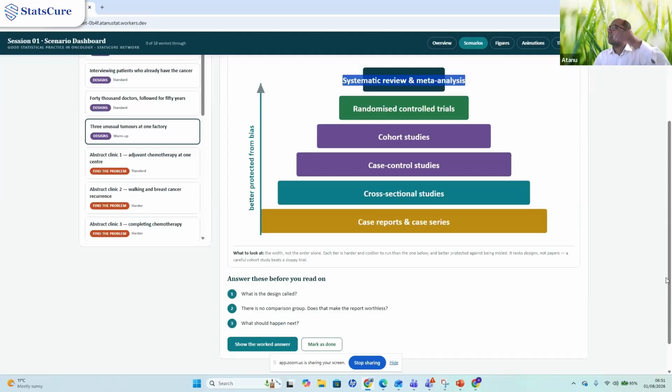Thereafter we have case control, because we are going deeper. We see which individuals have the problem and which do not, and then go back to see what their exposure level was. It is a better method compared to cross-sectional, because in cross-sectional we are just asking about the current scenario, but in case control we go back and try to understand their exposure. Since retrospective time is added, it is much better as a study design, followed by cohort.